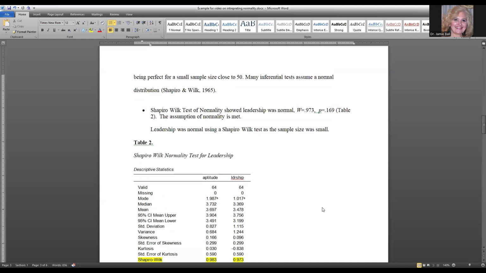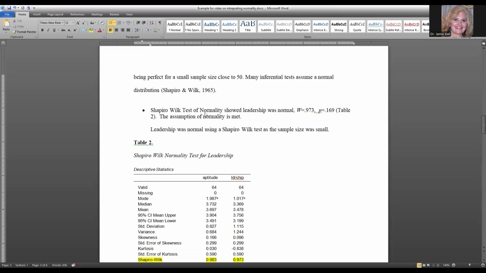So this is how you report this in APA. See, I've got my W. Most statistical symbols are italicized. I report my test statistic and I report my p-value and I always refer to my table. And I state whether or not the assumption is met.